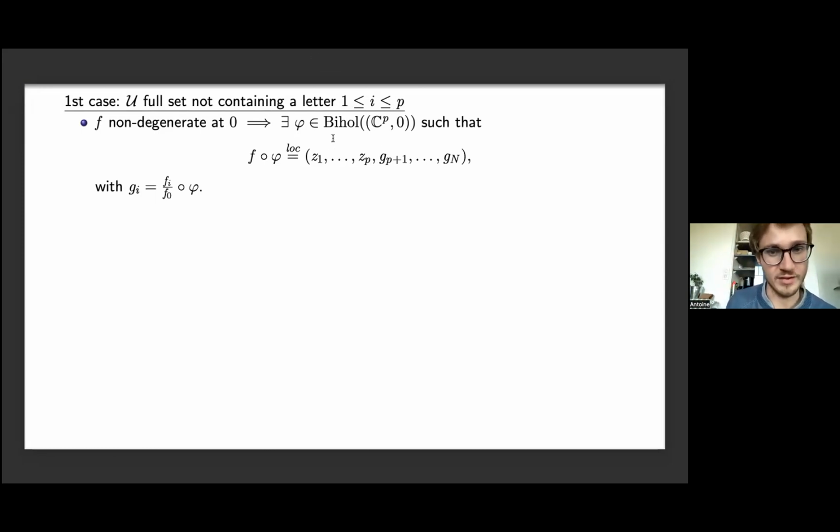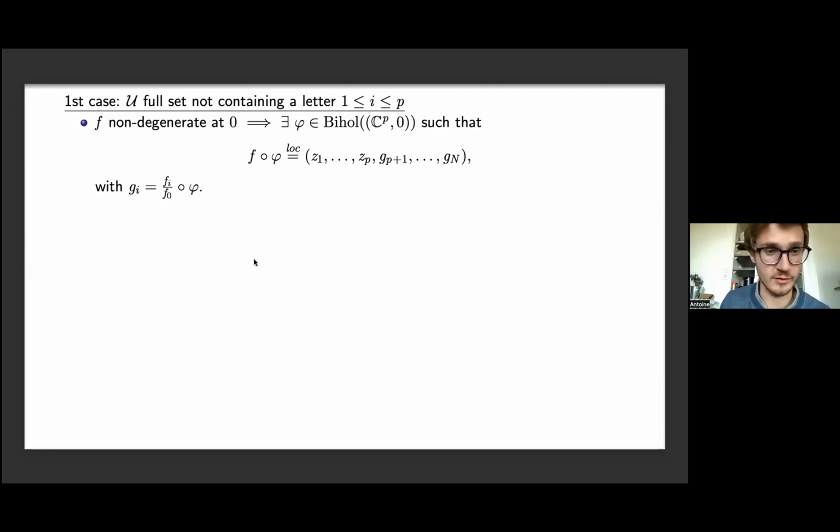And so we can write it in the following fashion, where the first coordinates simply are z1 to zp, of course up to reparameterization of the variables. And the last coordinates are g_{p+1} to g_n, where g_i is f_i divided by f_0, composed with the local biholomorphism.